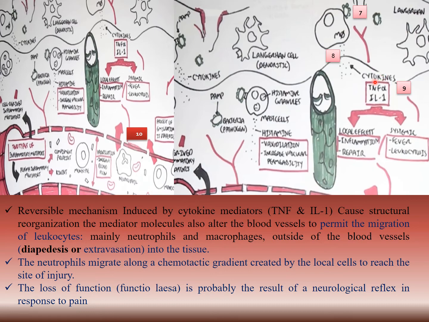And these types of cytokines, such as tumor necrosis factor alpha and interleukin 1, will have two types of effects: local effect and systemic effect. The local effect is represented as inflammation and repair, while the systemic effects are fever and leukocytosis.